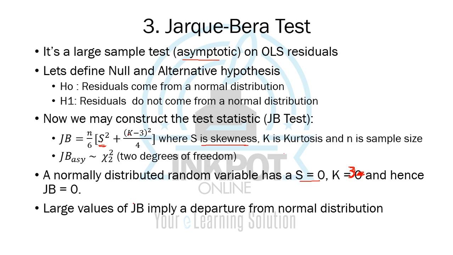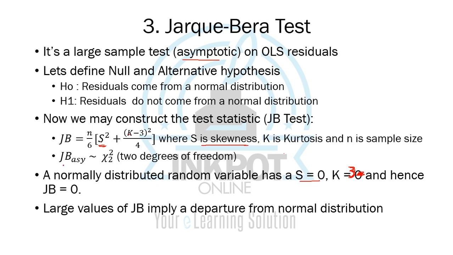Naturally, large values of the JB statistic imply a departure from the normal distribution. So if you get, let's say, skewness of +1 or -1, or kurtosis of, let's say, 4 or -4, that is any number but not 3, then the JB statistic will assume really high values.